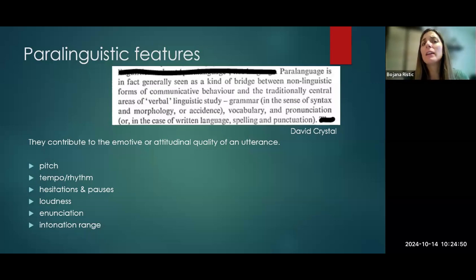Whereas when we are in an informal setting, we might say that we don't care about the enunciation so much when we are chit chatting with our friends over a coffee, right? So it can tell you that the situation is a bit more formal, as I am trying for everyone to understand me.